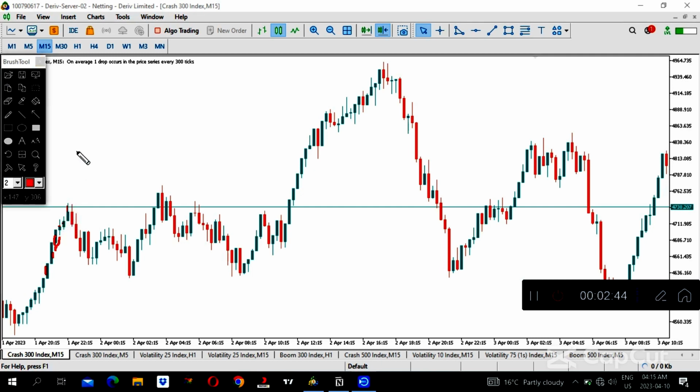So what do I mean by a wick? A wick is when I've got a candlestick with this small straight tick over here. That's what we call a wick. As you can see, the wicks keep getting more frequent.